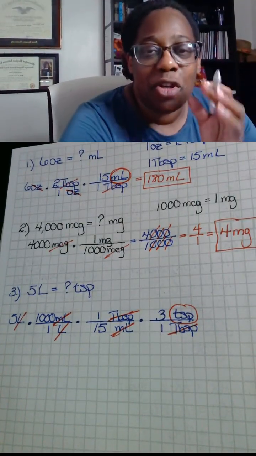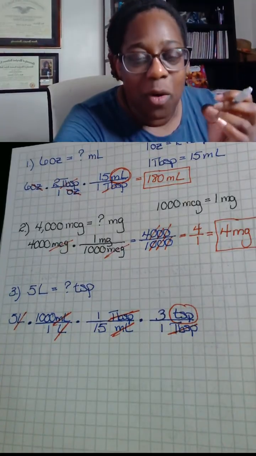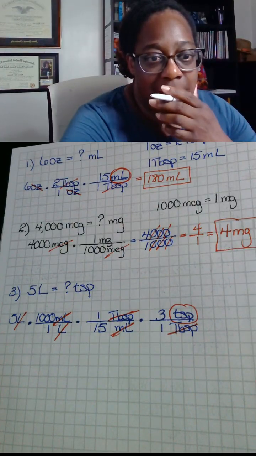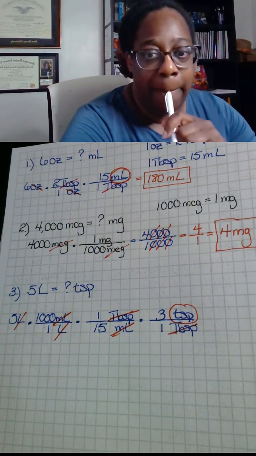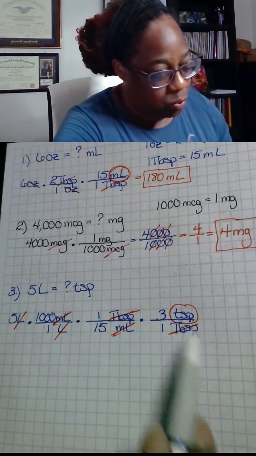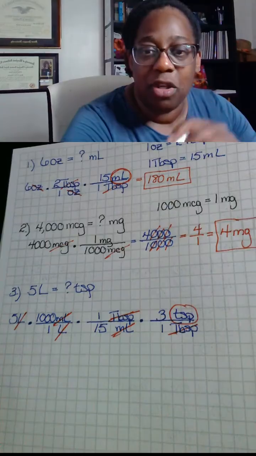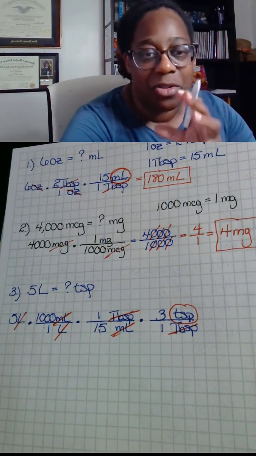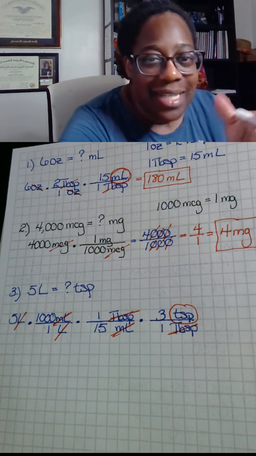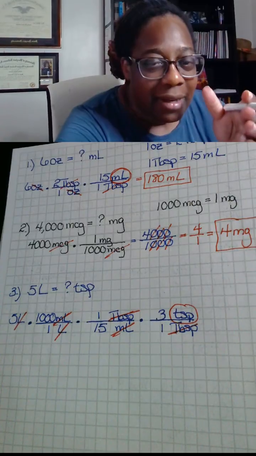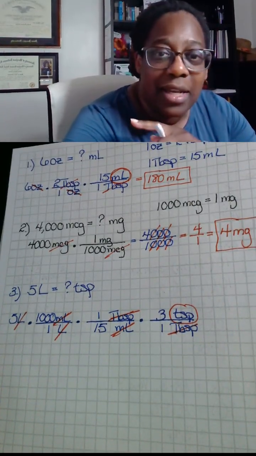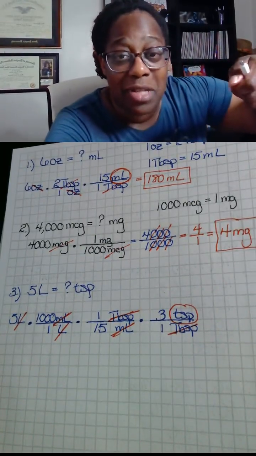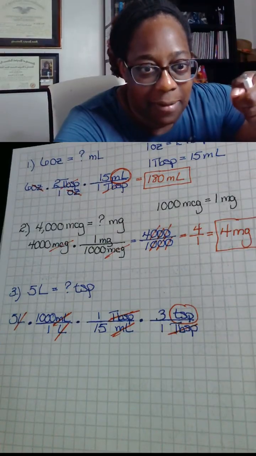Is my answer going to be large or small? Okay, yeah, so we're canceling out until we get to where we want. I got 5 liters and it's going to teaspoons. Think about it. If I went to the corner store right now and got a 2-liter bottle of soda and said, okay, let me measure how many teaspoons it is.